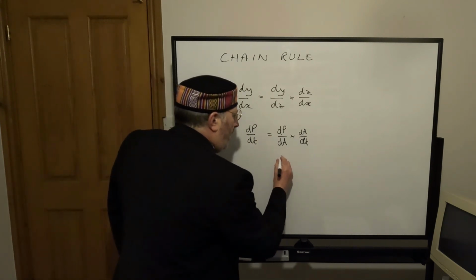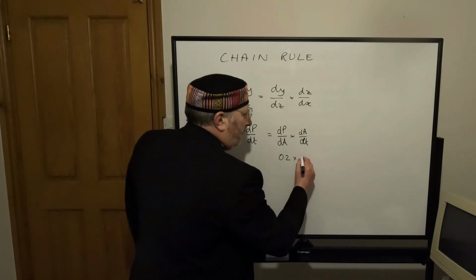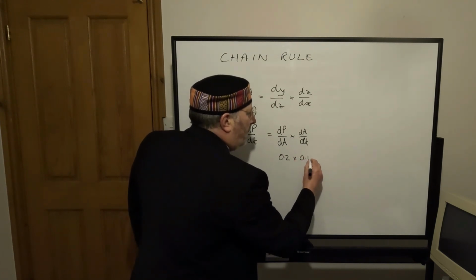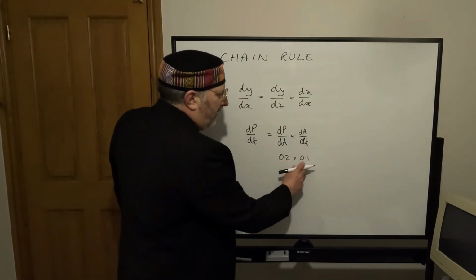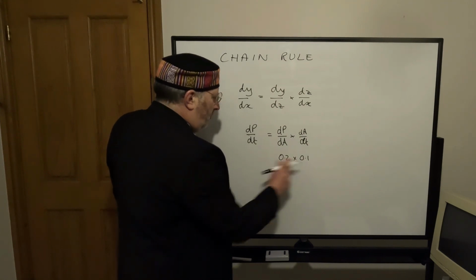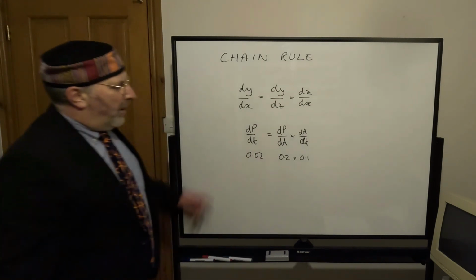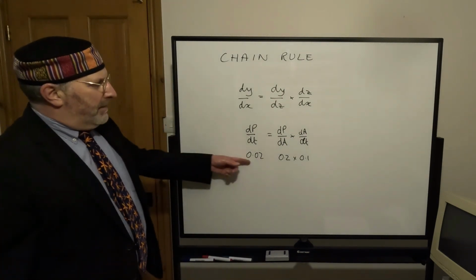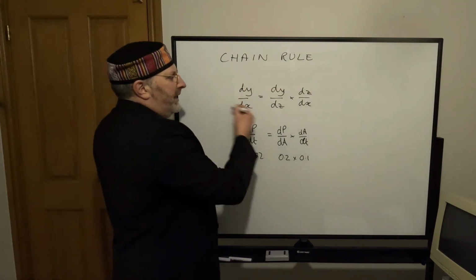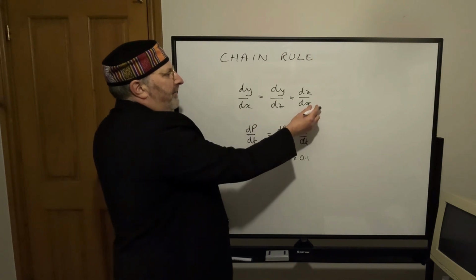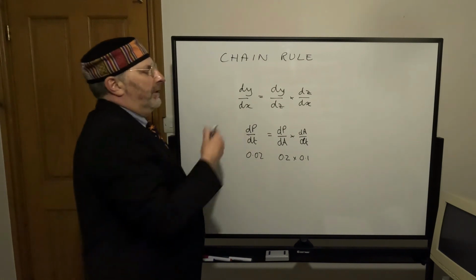So we know, as we've just seen, that dP by dA was 0.2. So if we're told that the city is growing at the rate of 0.1 square miles per year, let's say, then we multiply those two together. 0.2 times 0.1 gives 0.02, and that's the rate of change of the population in millions of people per year. And this rule in general is very useful in finding calculus formulas, as we will see.